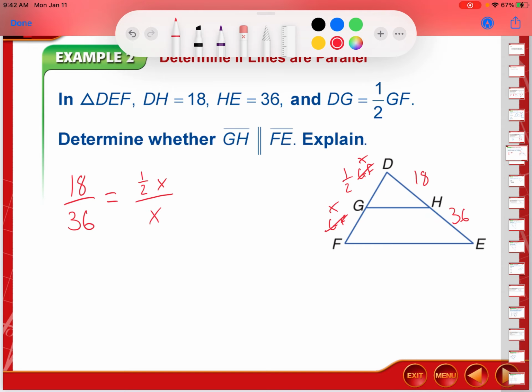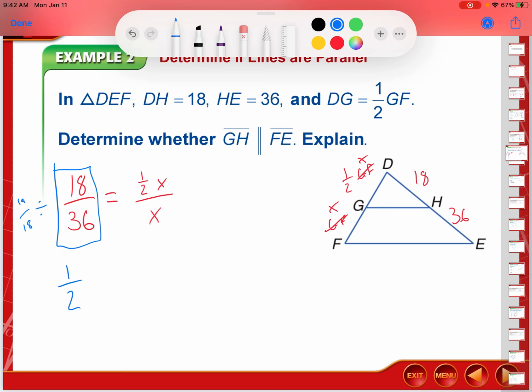This one's a little bit tricky because we don't have values on both sides. But if we simplify this left side and reduce it, we could divide the top and the bottom by 18, which wouldn't change anything.